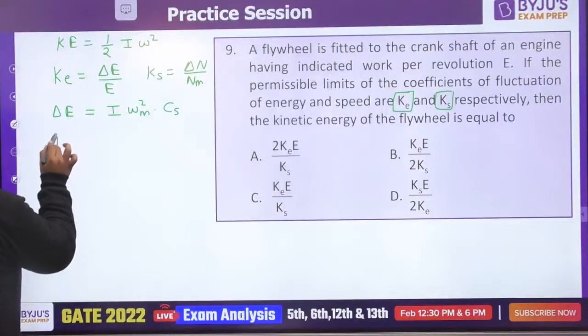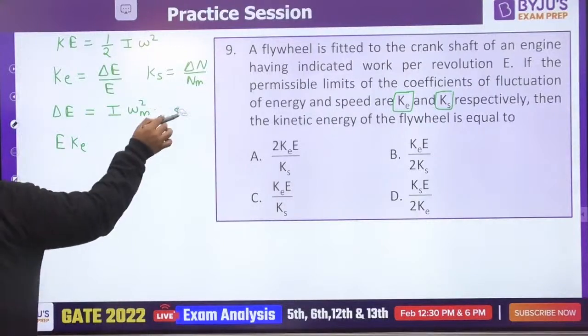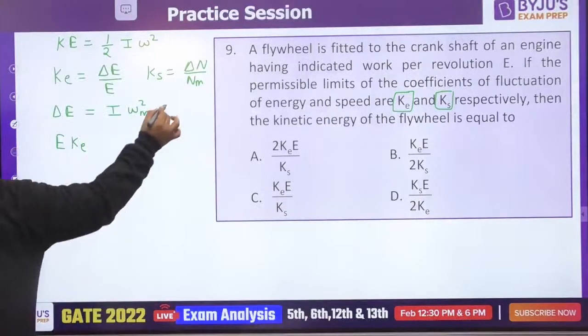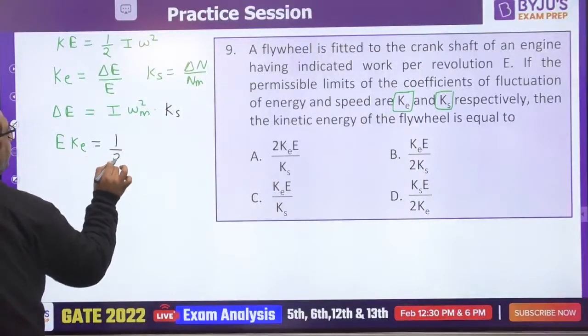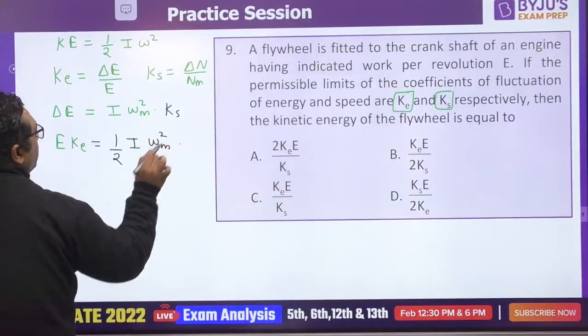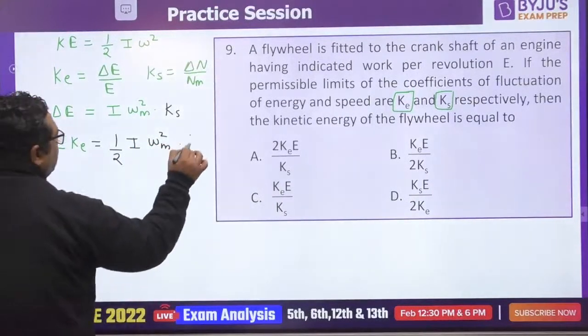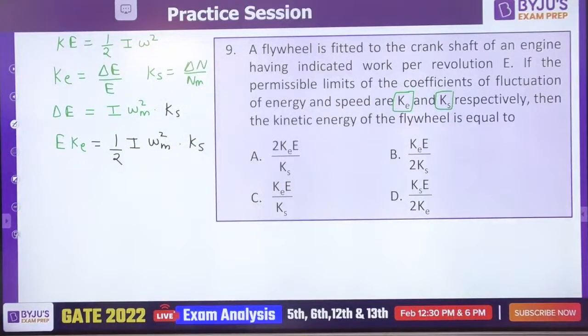Delta E can be written as E times Ke. Cs is nothing but Ks. So if we are multiplying it with half into Ks. Now try to solve this. What relation are you going to get?